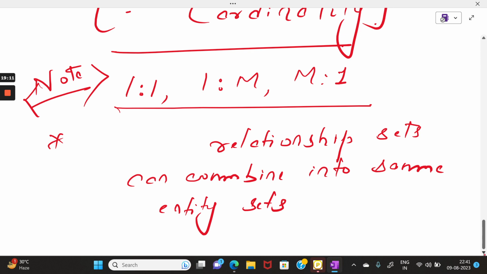Okay, this is an important point because next we are going to discuss how we can convert our ER model into RDBMS tables. This is the third step, as I told earlier, in the steps for designing the ER model. First we get the requirements, we draw the ER diagram for that, and then we convert that ER diagram into RDBMS tables. So if it is 1 is to 1 mapping, 1 is to M mapping, or M is to 1 mapping, then the relationship sets can be combined into a single entity set.